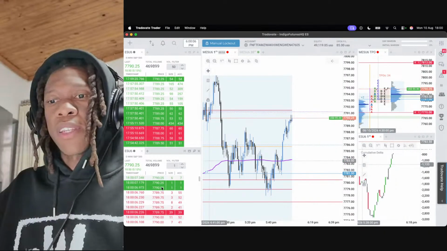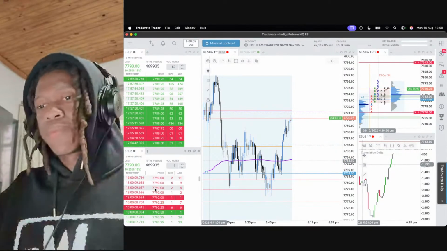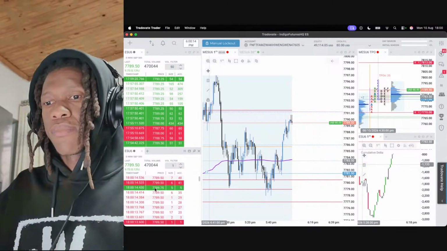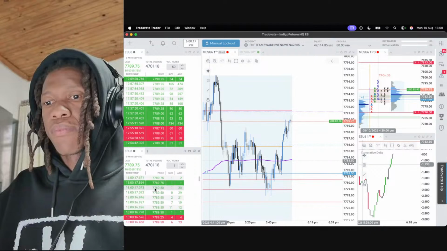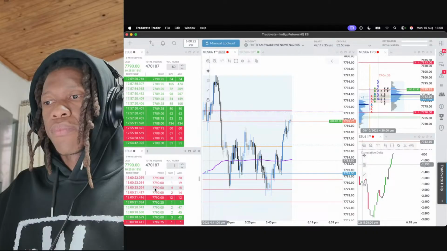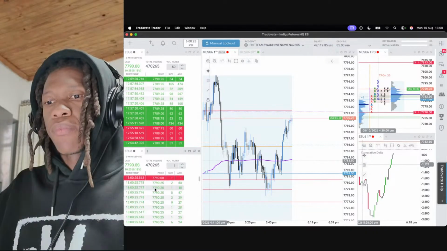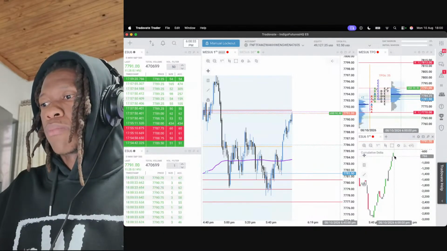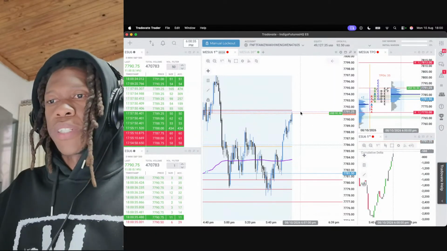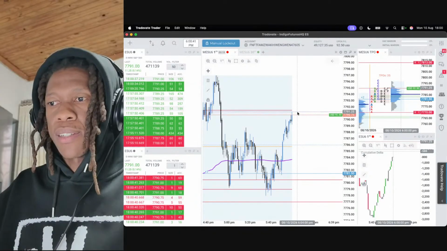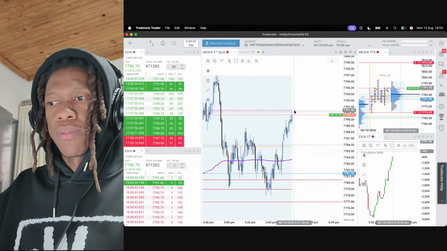That's our initial balance. $91.25. $90.50. CVD is kind of picking up. There we go. Is that a retest? See, that's initial balance. What do you do here?